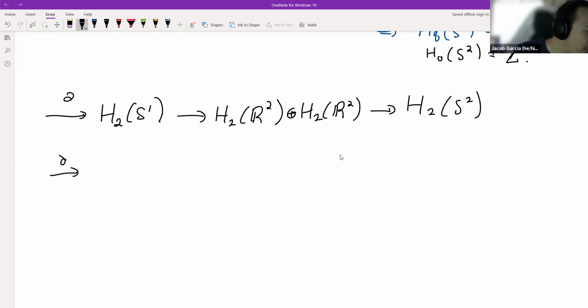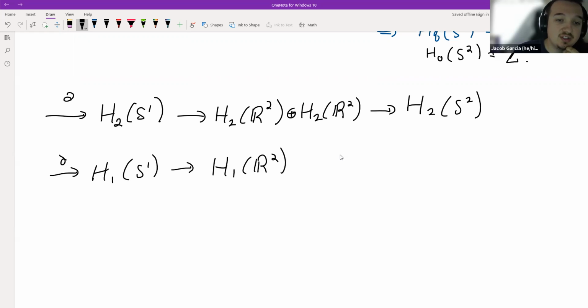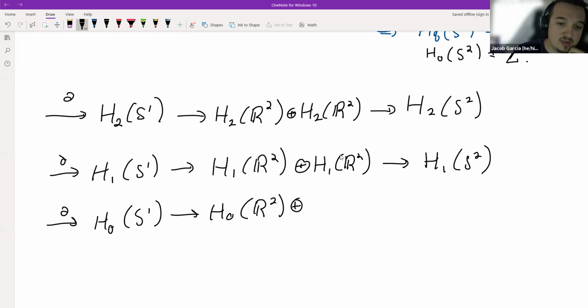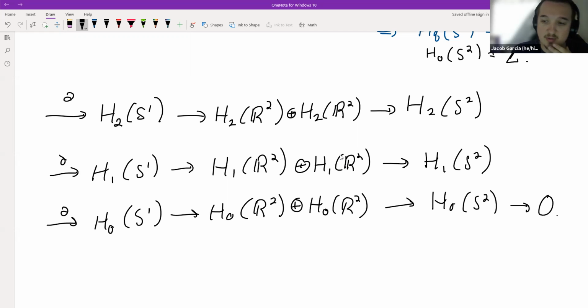I'm going to write the boundary map over here: H1 of S1 into H1 of R2 direct sum H1 of R2, into H1 of S2, boundary map, H0 of S1 into H0 of R2 direct sum H0 of R2, H0 of S2, 0.